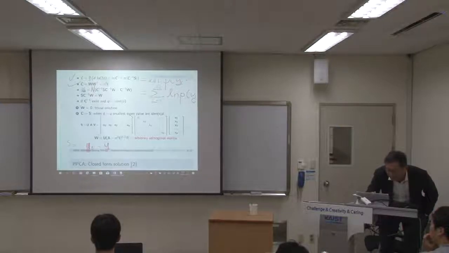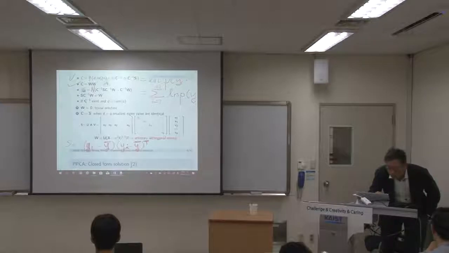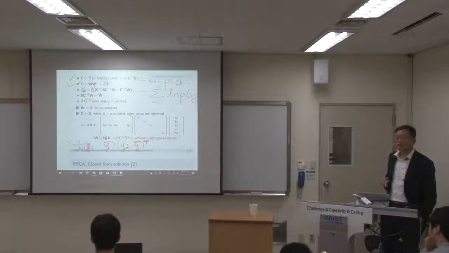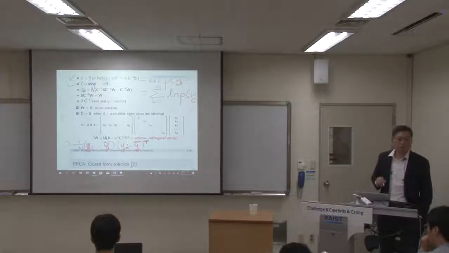This is the average value of Y. This is a vector. Transpose. Okay, that's the sample covariance.